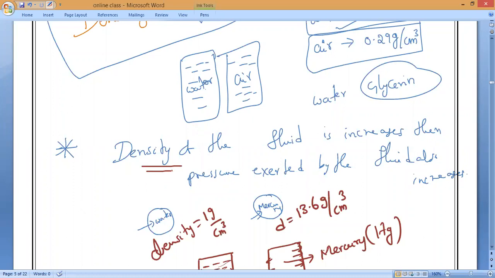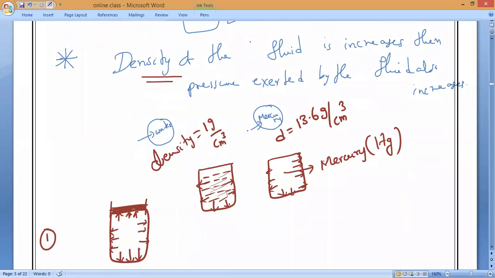Is it okay, guys? Pressure exerted by the fluid. Understand? Clear? Yes, sir. Very important. As I told you, an important law.